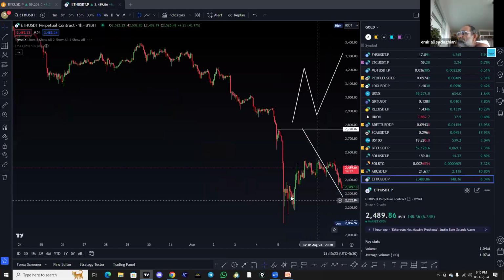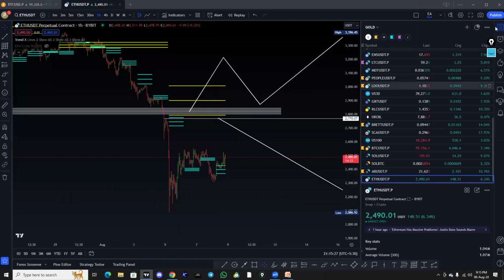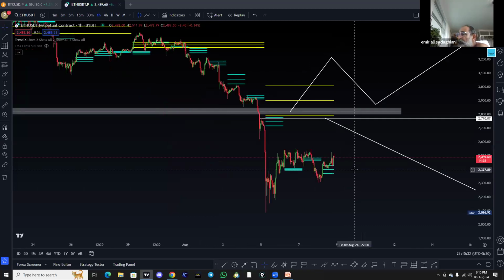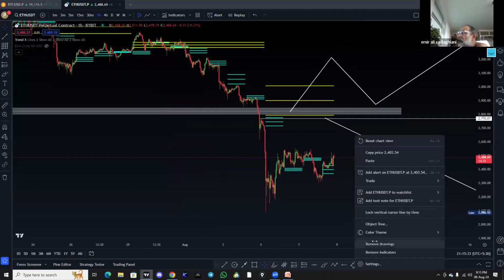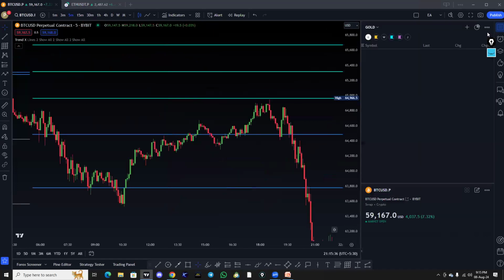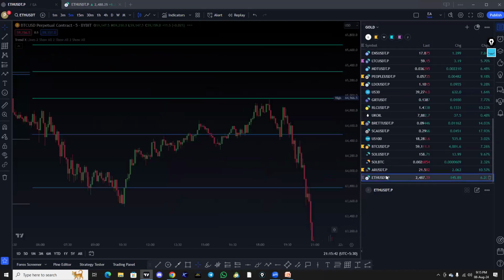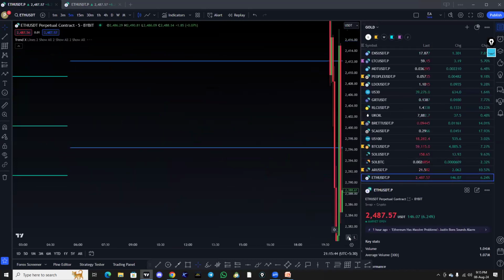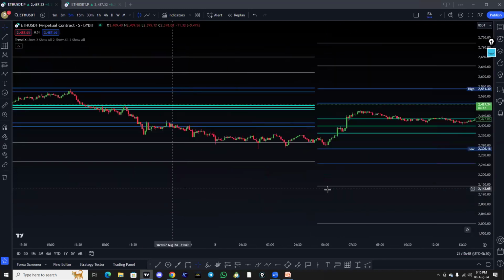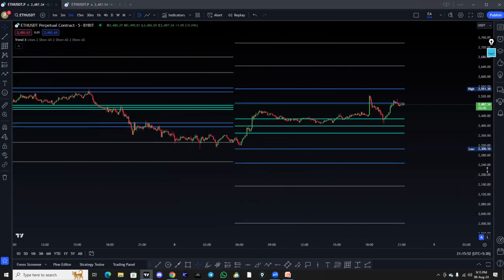Now, looking at the chart on the daily, at the moment it is on R1, where it is now. Yes, this is R1.